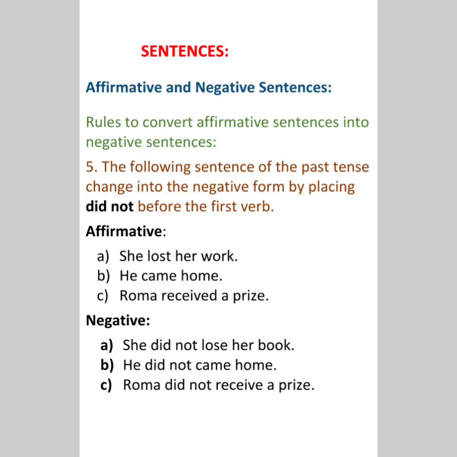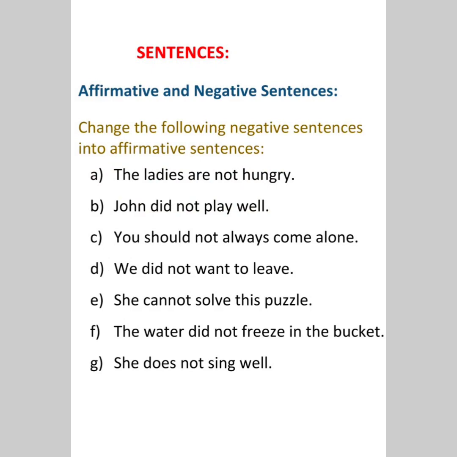Then we'll see some more examples. Change the following negative sentences into affirmative sentences. The ladies are not hungry. The ladies are hungry. John did not play well. John played well. You should not always come alone. You should always come alone.